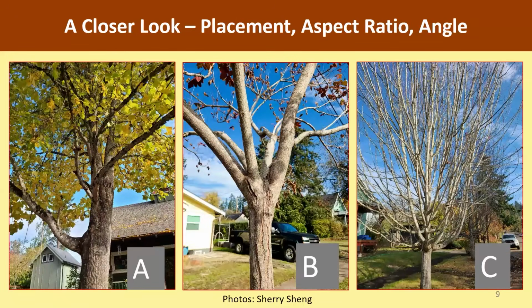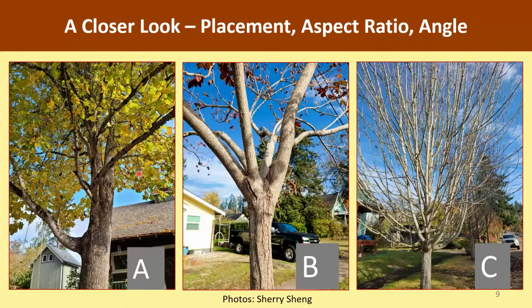So let's practice on these trees and rate their placement, aspect ratio, and branch angle. Let's begin with this one. Placement seems like it has decent 360-degree coverage and a decent vertical distance between branches, at least in the area where we can see in the photo.